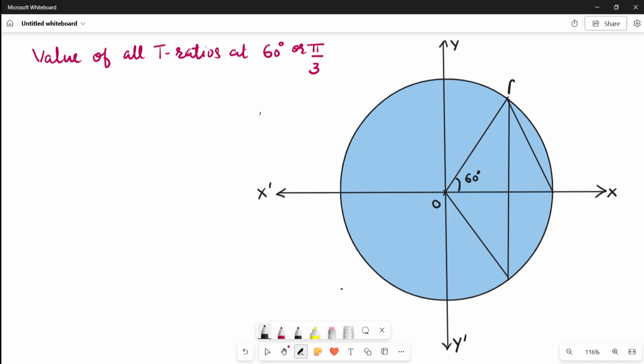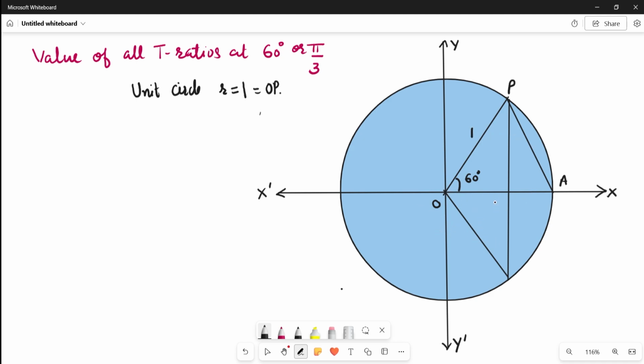Suppose this point is P on the circle and this be A point, and this is a unit circle. Unit circle means radius is equal to 1, OP is the radius of a unit circle and its length is 1.